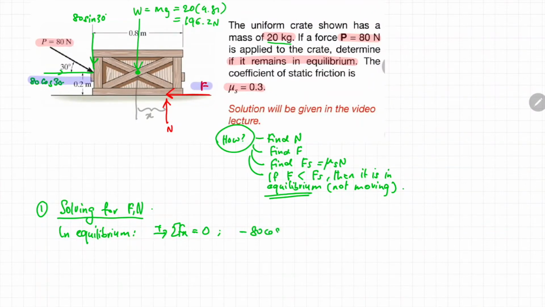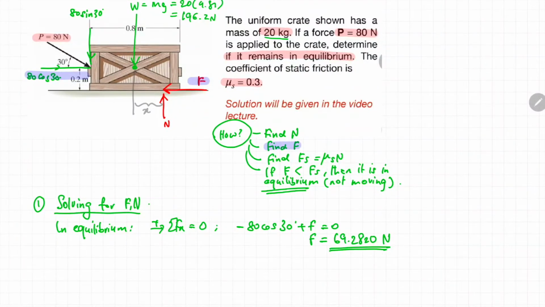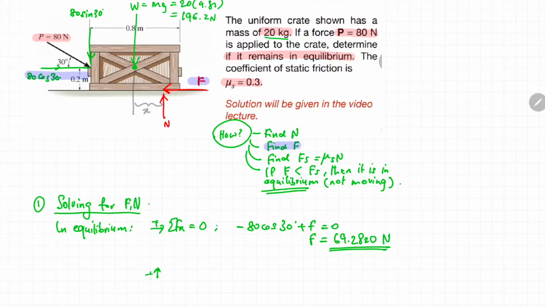We put that into our equation and we can easily solve for the magnitude of F, which you can calculate to be 69.2820 Newton. So the magnitude of F is done. The next step, let us proceed with the equilibrium condition in the Y direction.